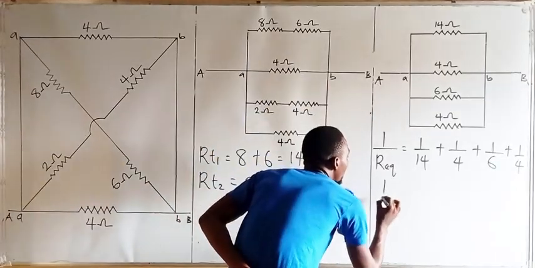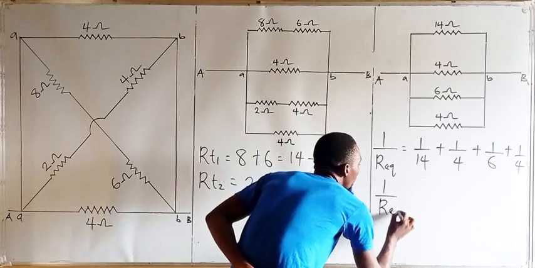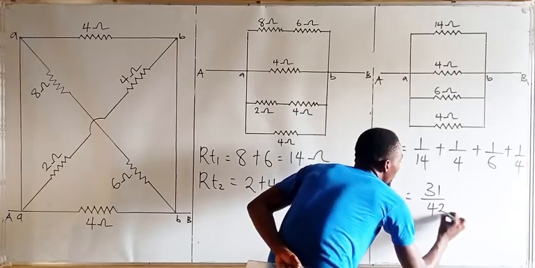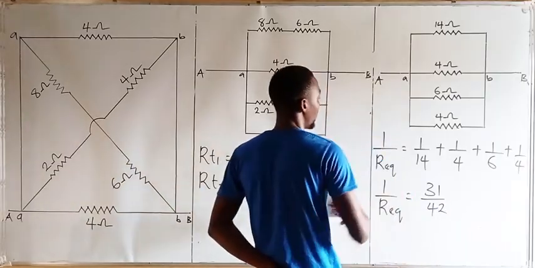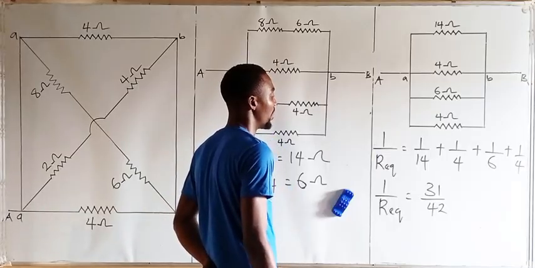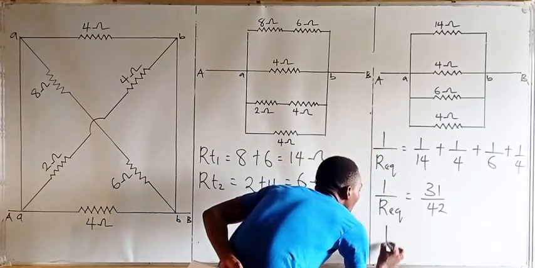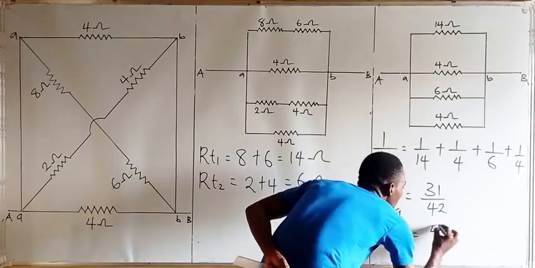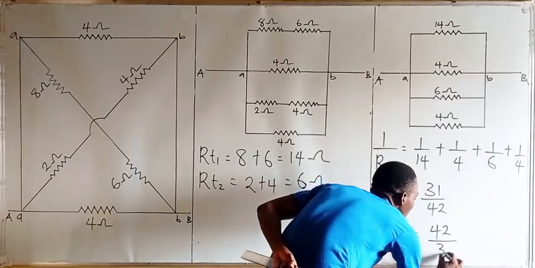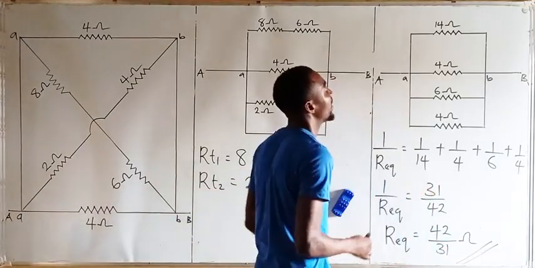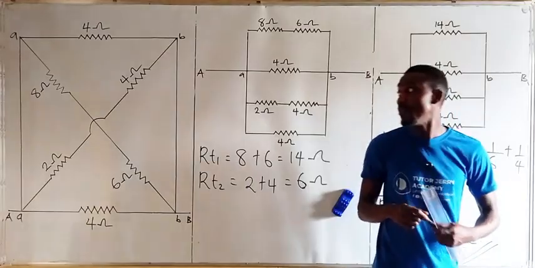So 1 over R equivalent equals 31 over 42. If you take the inverse of both sides, R equivalent equals 42 over 31 ohms. So here is the final solution to the question.